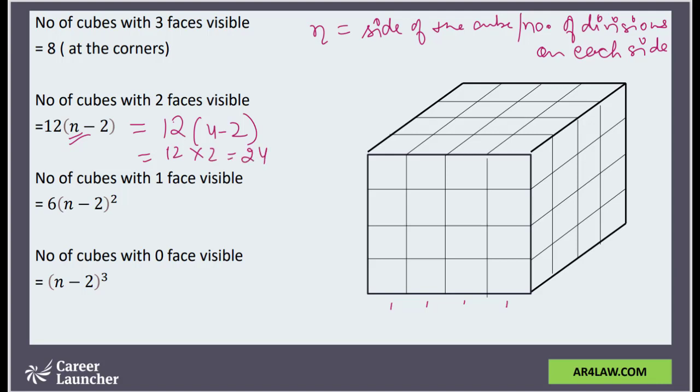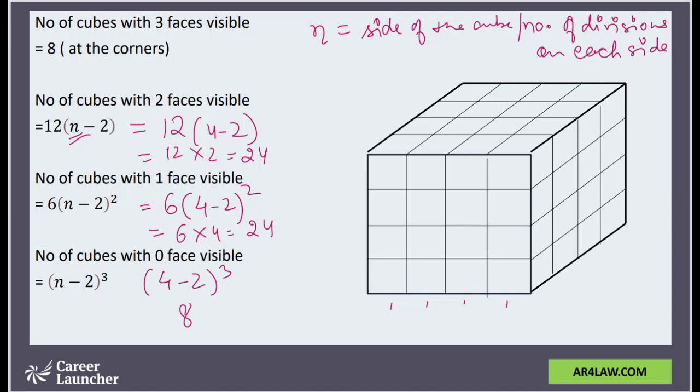Then the number of cubes with one face visible is 6 into (n minus 2) whole square, where n happens to be 4 here. So we have 6 into 4, 24. And the number of cubes with no faces visible is (4 minus 2) whole cube, 2 cube is 8. And we have got the same numbers as we saw in the last example.